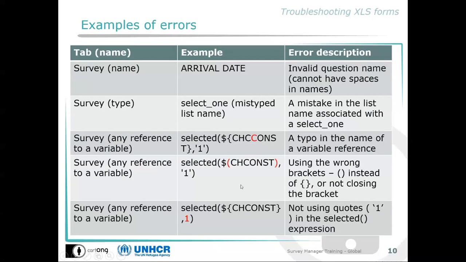The syntax is selected, then you have the dollar sign, the curly brackets, the name of the field it corresponds to, a comma, and then you need to put the value into quotes for the converter to pick it up and translate it correctly.